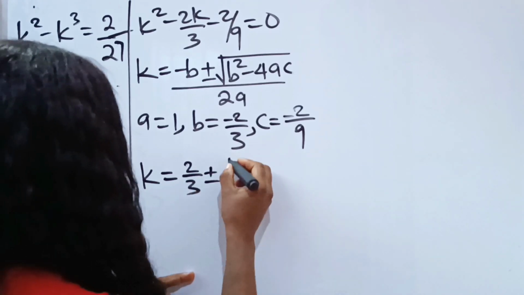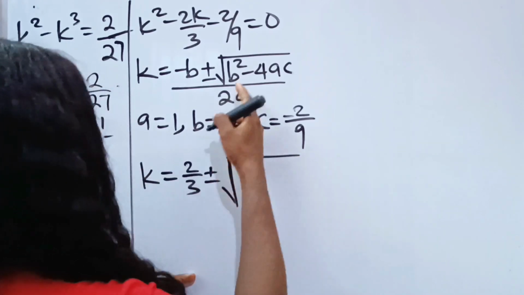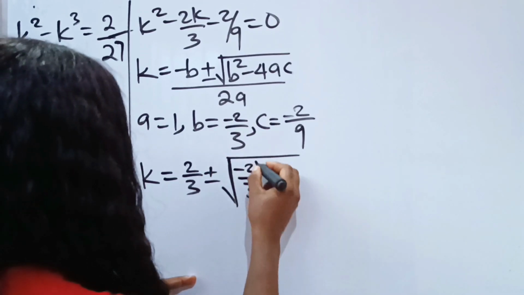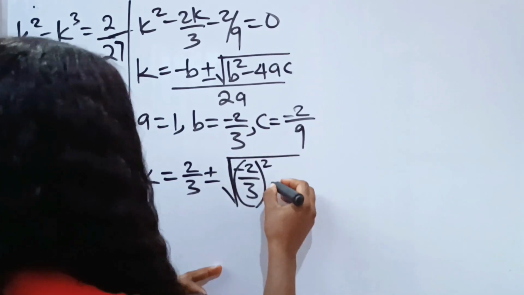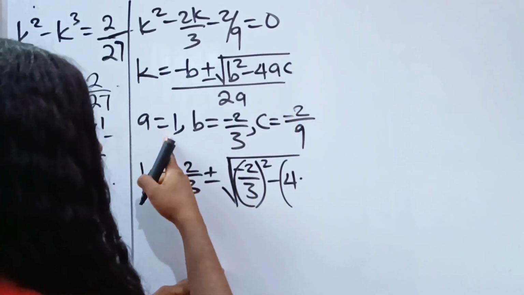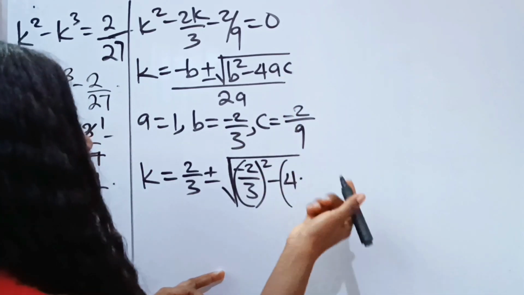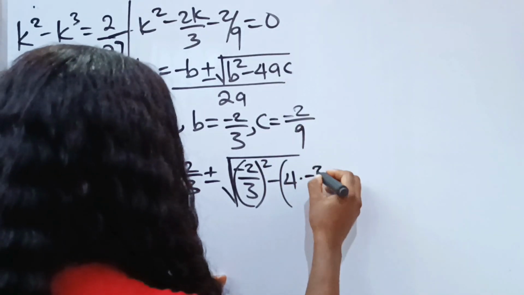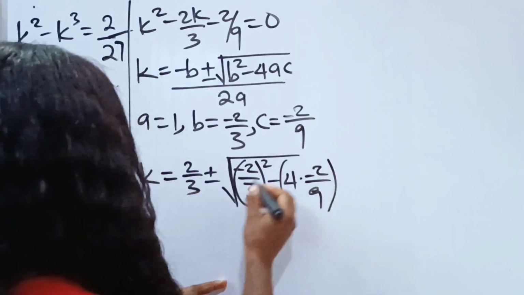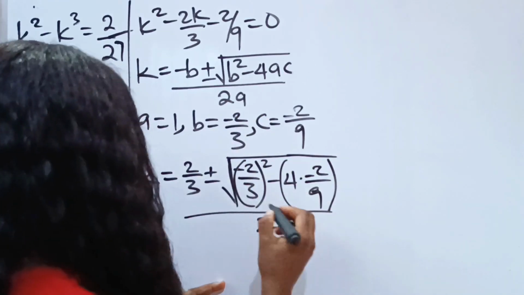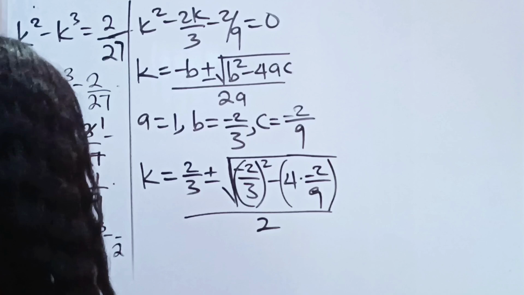Plus or minus the square root of, now b squared, that is minus 2 over 3 squared, minus 4 multiplied by a, and a is 1, so no need of putting it here, and our c is minus 2 over 9. Now everything divided by 2a, that is 2 times 1, which will still give us 2.